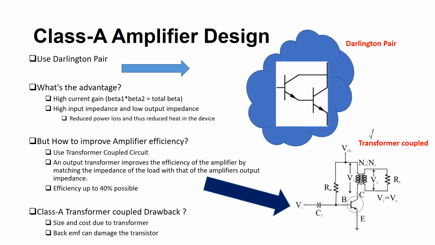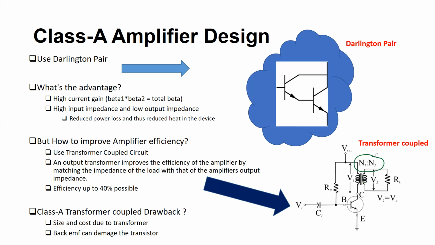So the idea is use such arrangement called as transformer coupled class A amplifier design. So you have the same circuit, let's say VCC, you can use the biasing through the resistor RB, or you can also use the same biasing as in the previous circuit, such as voltage division biasing. And then instead of load resistance, you use a transformer where you have primary winding, you have secondary winding.